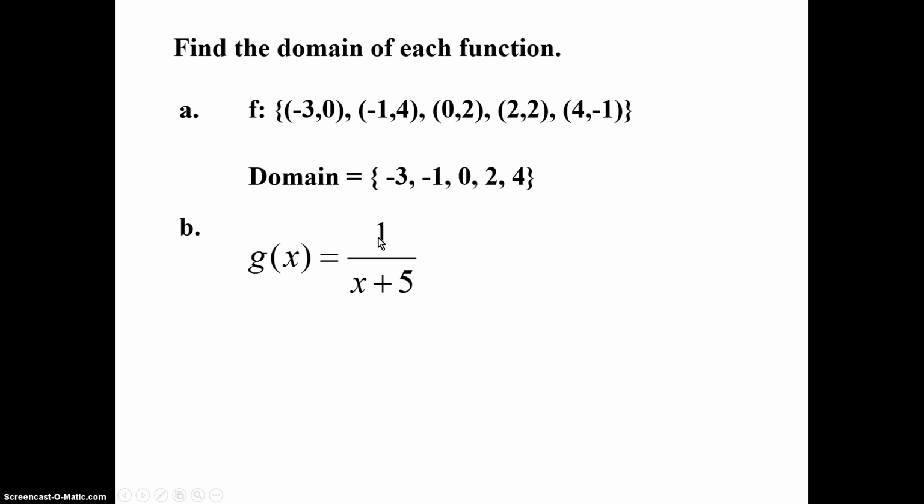Technically, it's a constant over another polynomial, and in this case, this polynomial happens to be a linear function. So, what do we call a polynomial over a polynomial that's in fraction format?